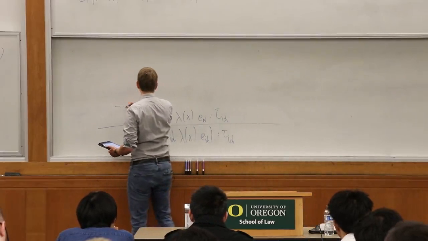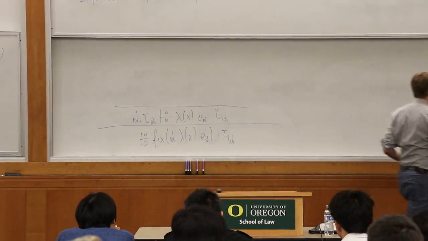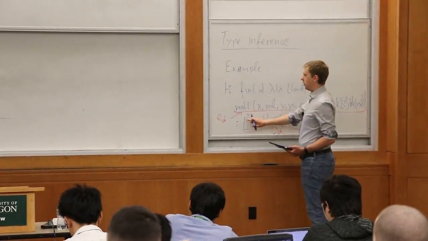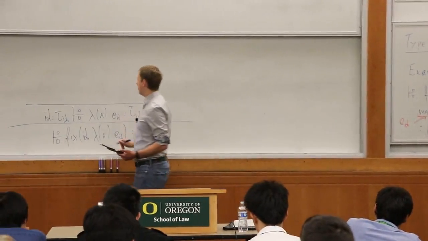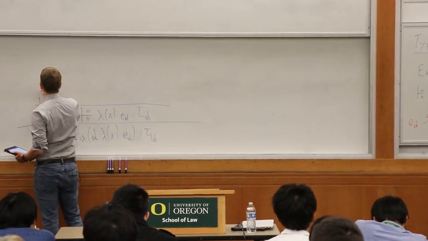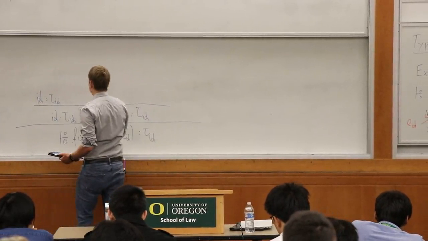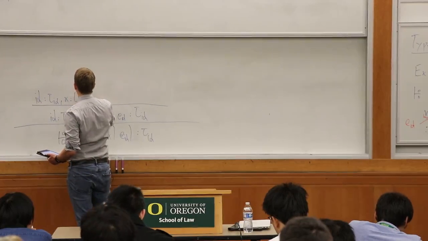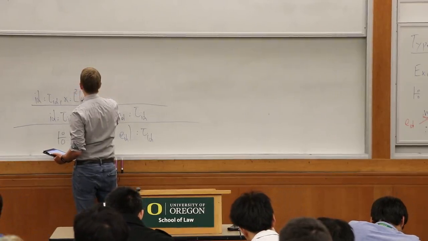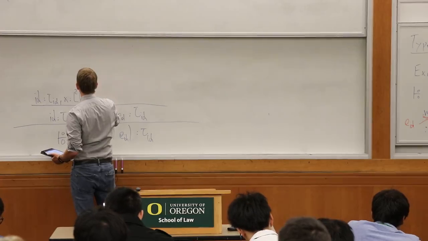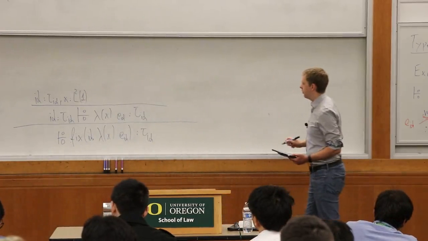Now it gets interesting. What do we have to do? We have to look at the annotation here that we want to have on the lambda, what's in the tau ID, and this is what we have to justify. The ID remains in the context, and we get in there now also X, which has the annotation 2. Here I just write 1 instead of unit to save a little bit of space.